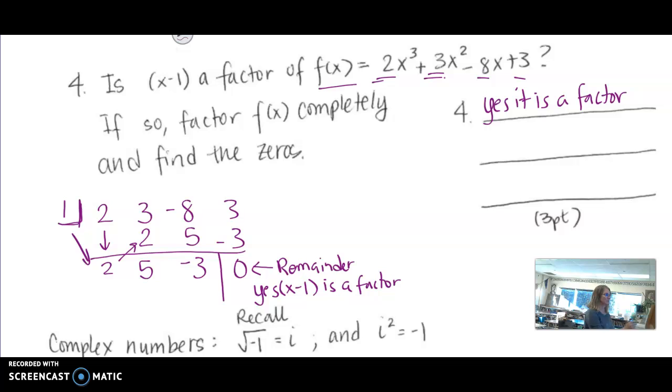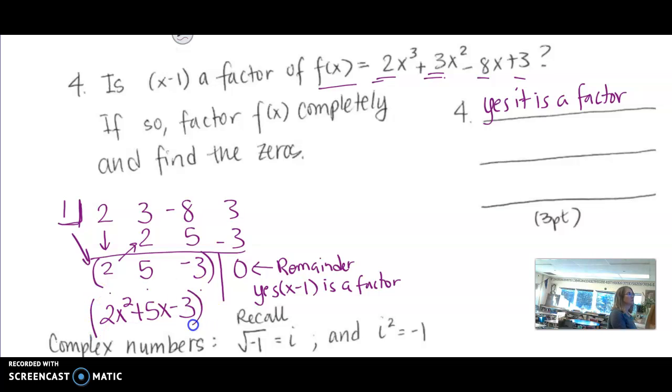And so this is our quotient right here. And remember, this is the constant term, the x term, and the x squared term. So the quotient is 2x squared plus 5x minus 3. Now, just like when I divided 30 by 5, we got 6, and 5 times 6, the divisor times the quotient is equal to the dividend.